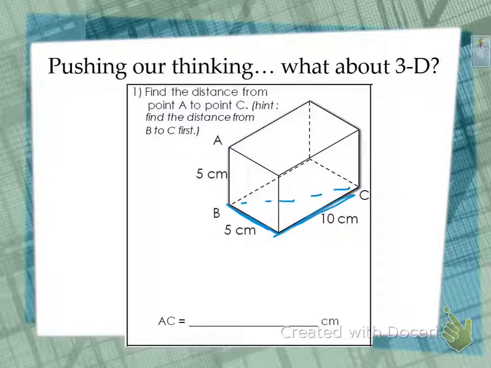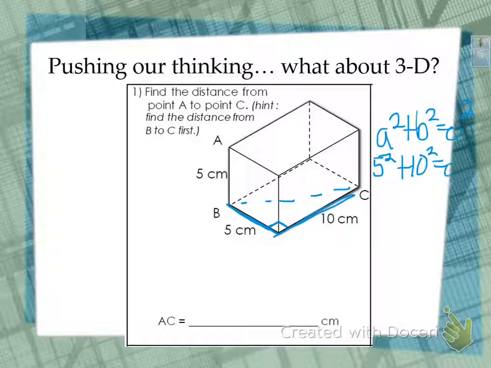The side here is 10, so I believe that I have all the information that I need to find that diagonal. A squared plus B squared equals C squared. I look, and my right angle would be here in this corner, so I am trying to find side C. So I'm going to have 5 squared plus 10 squared equals C squared.